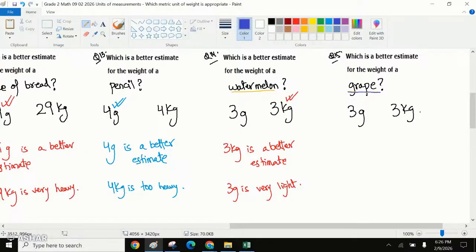A bunch of grape can be 3 kilograms, but a single piece has to be lighter in weight, right? If we buy a kilo or half a kilo, that means it has hundreds of grapes in it. So for a different fruit, that is grape, 3 grams is a better estimate because 3 kilogram is too heavy.